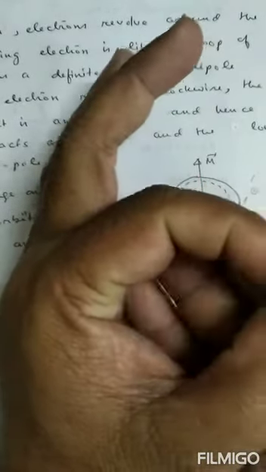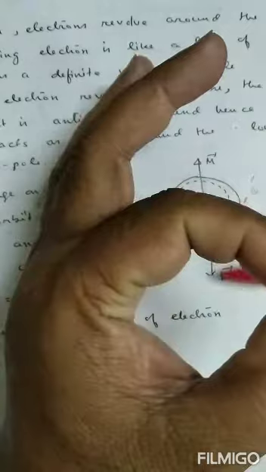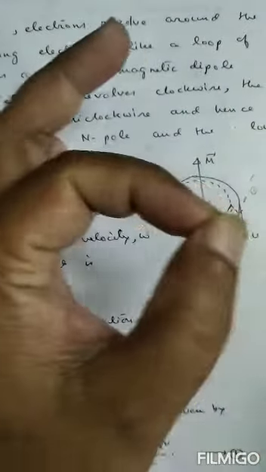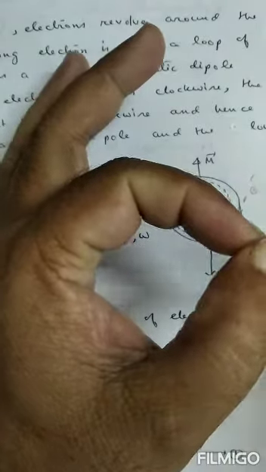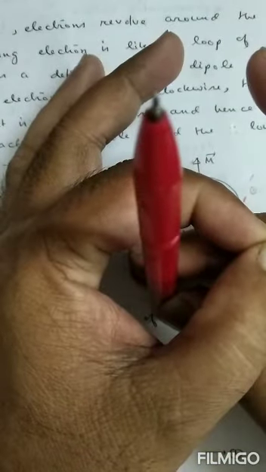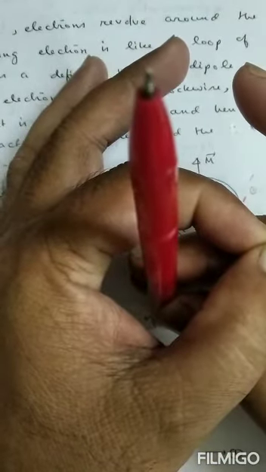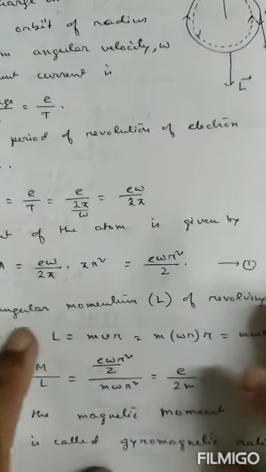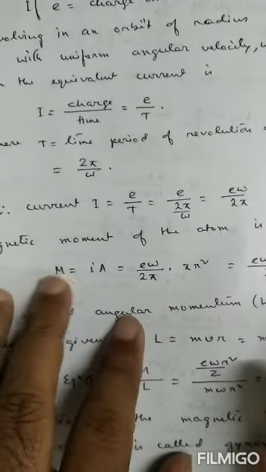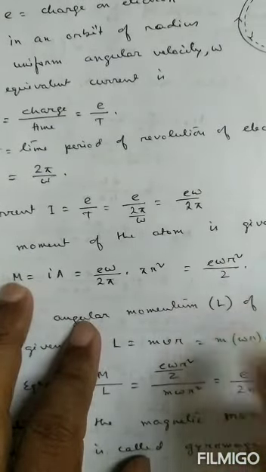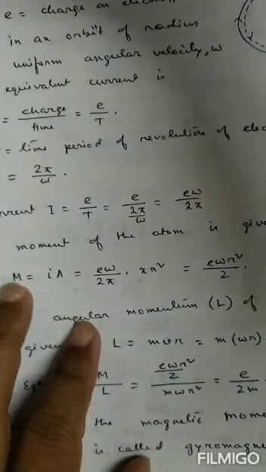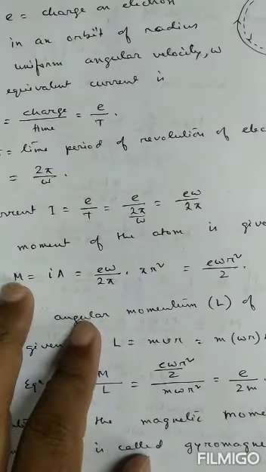So the below face is magnetic south pole, the front face is magnetic north. Therefore, the direction of magnetic dipole moment is perpendicularly outward. So M is equal to e omega r square by 2, perpendicular to the plane of paper in the outward direction.